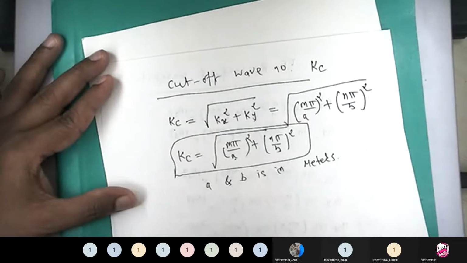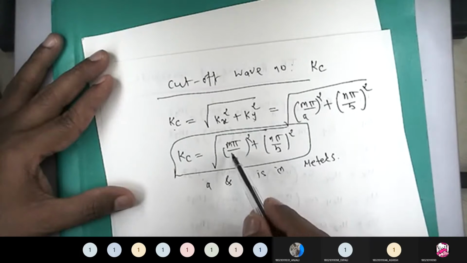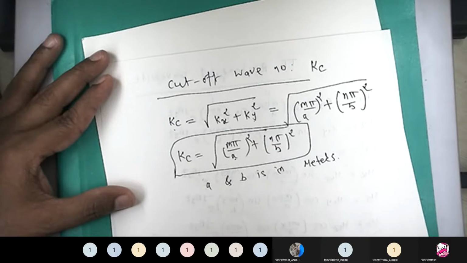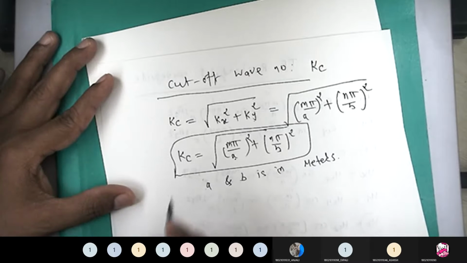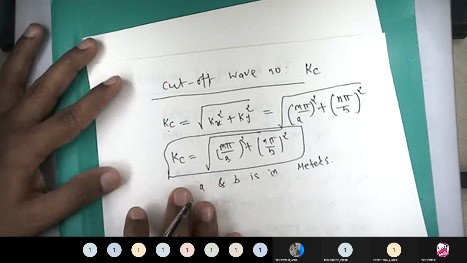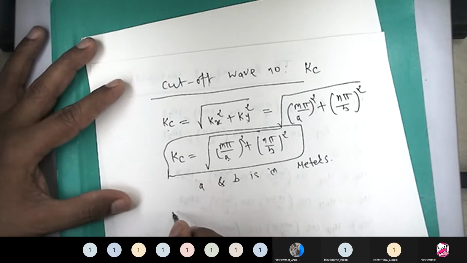So please convert, if they are given in centimeters or millimeters, first convert to meters, and then put those numbers in these formulas. So this is one of the important parameters to characterize the rectangular waveguide. Now based on this cutoff wave number, I can define fc, and that is nothing but our cutoff frequency.